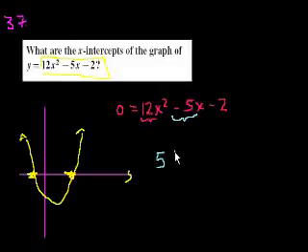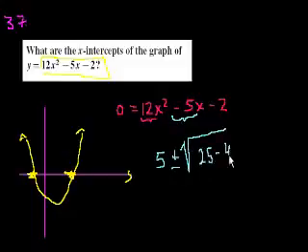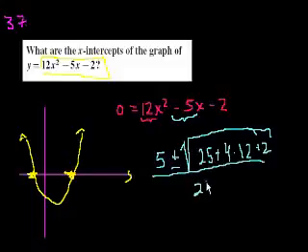Negative b plus or minus the square root of b squared. Negative 5 squared is 25. Minus 4 times a, which is 12, times c, which is minus 2. So let's just make that times plus 2 and put the plus out there, right? Minus times minus is a plus. All of that over 2a. All of that over 24.